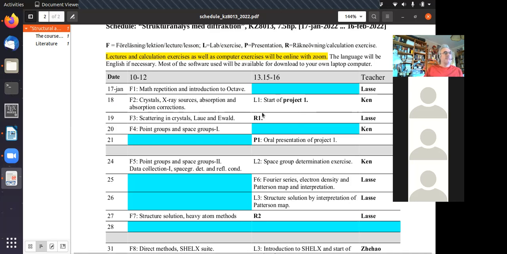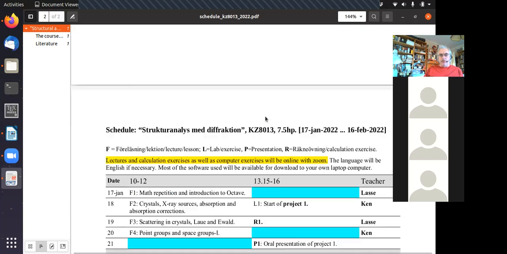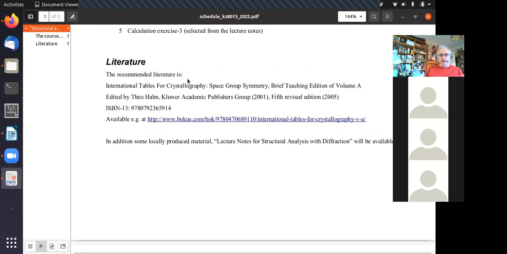They are chosen from a pamphlet called Lecture Notes. We don't have any literature or course book except the lecture notes that are available on the box or Dropbox area, and also here recommended literature is the International Tables for Crystallography, Volume A. Well, the 5th version came 2005.